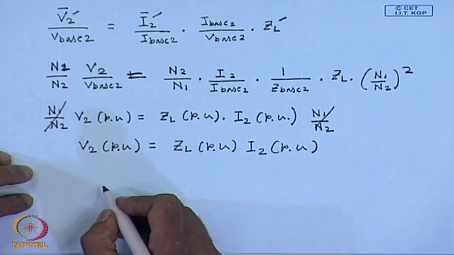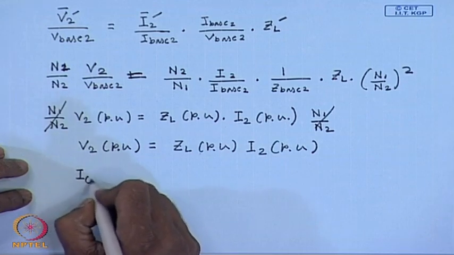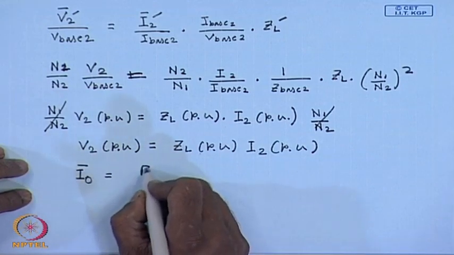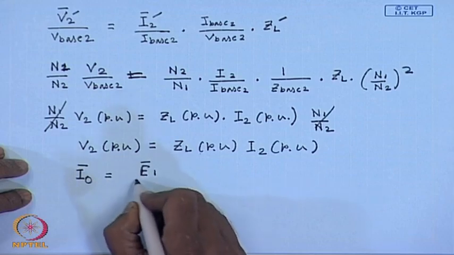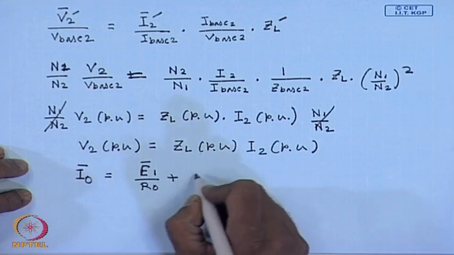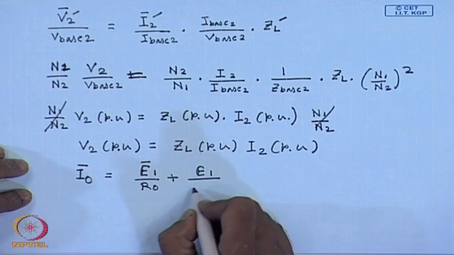Coming to the fourth equation, I 0 equal to E 1 by R 0 plus E 1 by J x m.